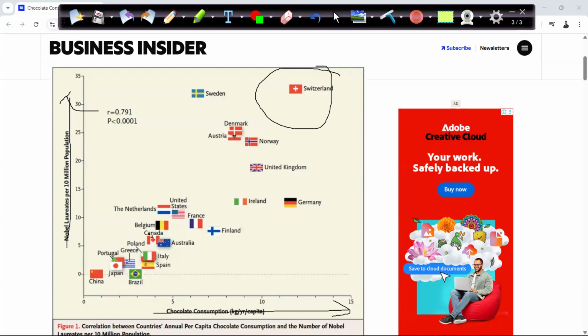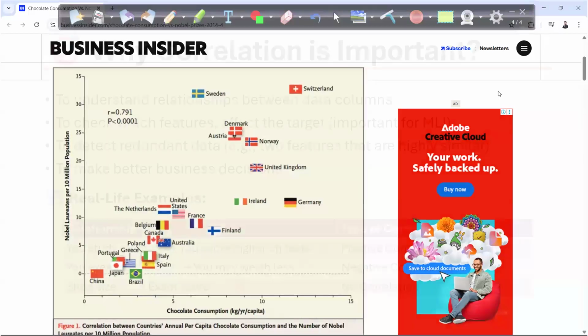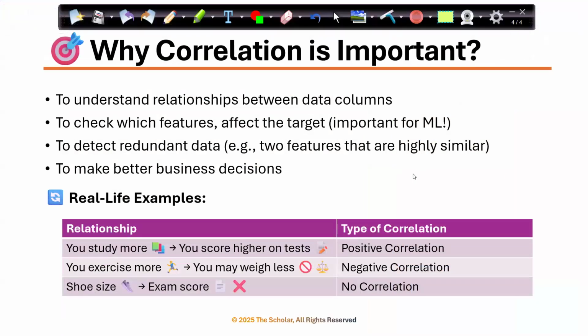So for example, here, if you are getting more Nobel Prizes, does that mean you are consuming more chocolate, and that is the reason? The answer is no. Although you found the correlation, whether that is the cause, the answer is no, right? So basically correlation is a good number, but will that be a cause? That may be possible, that may not be possible, right?